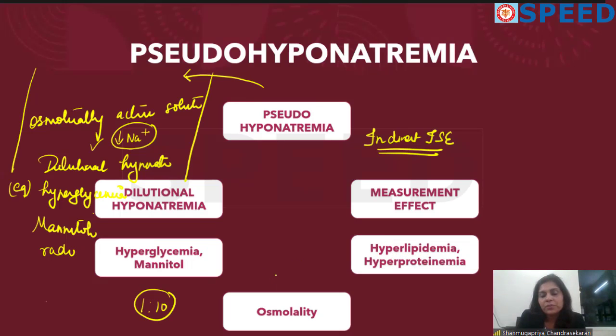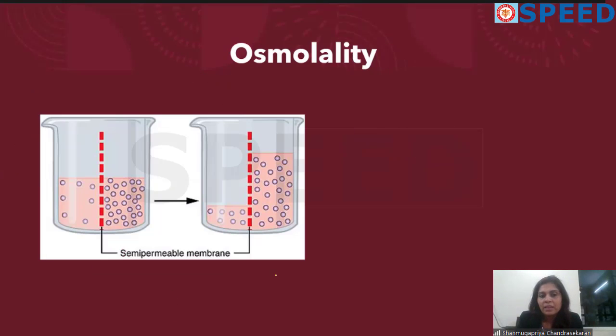So I'm going to give you an introduction to osmolality, for which you have to know what is osmosis. Osmosis is movement of solvent, the water part, from a solution of lower impermeable solute concentration to a solution of higher impermeable solute concentration.